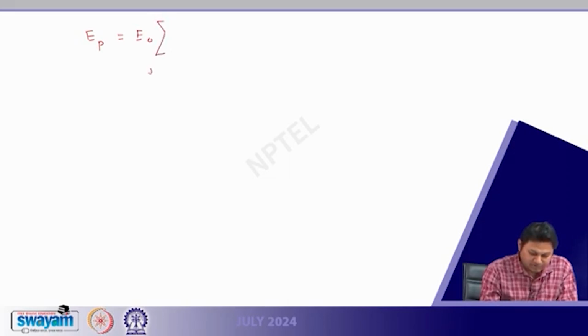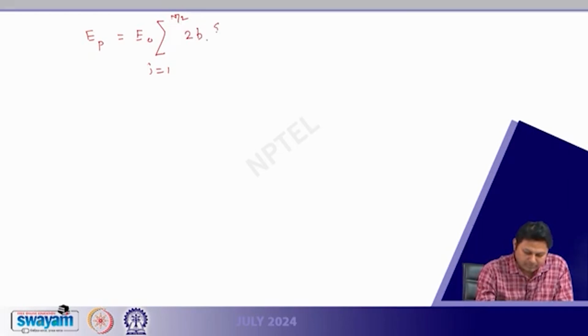So, it is sum over j goes from 1 to n by 2, and we have 2 of b, then sin beta divided by beta, and real part of e to the power of I alpha (2j minus 1).